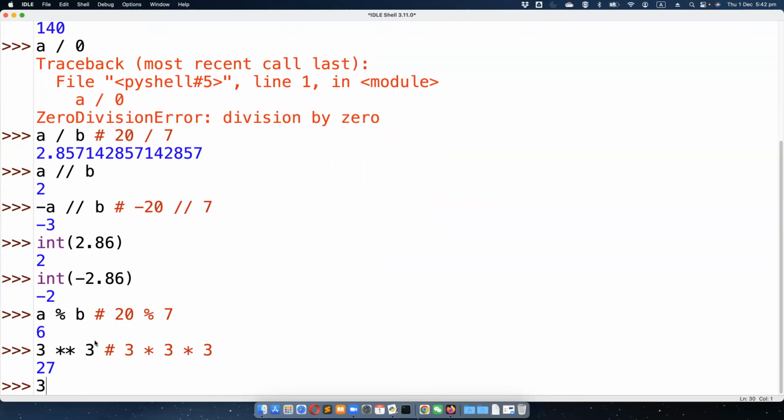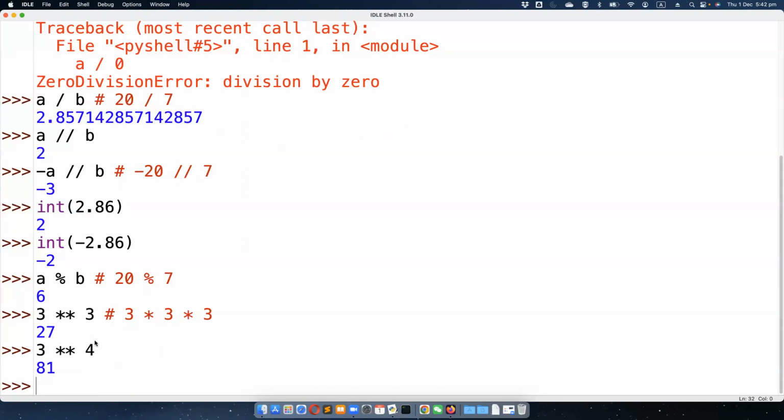We can have another example like 3 powered by 4. You got 81. So how about when the exponent is negative, just like 10 powered by -2? That is 1 over 10 powered by 2.